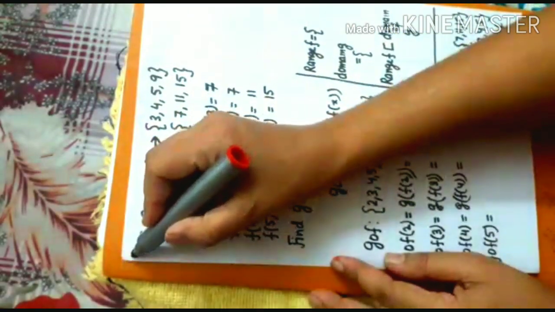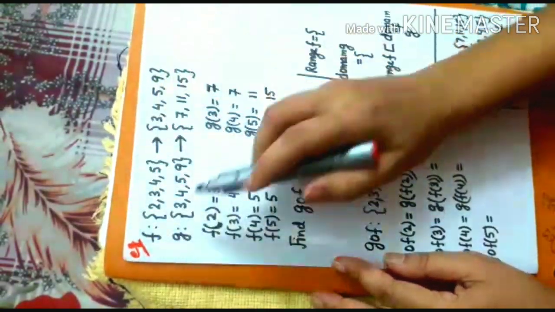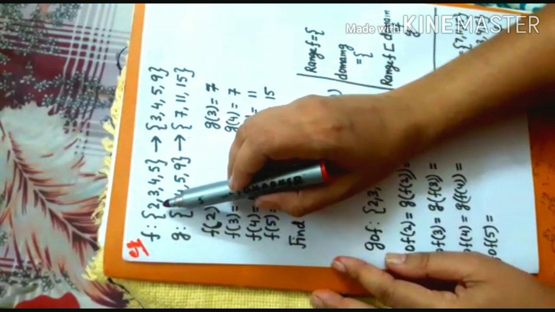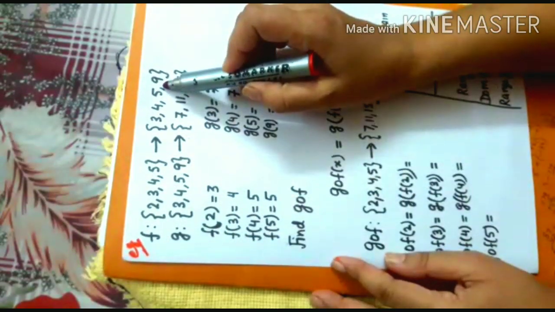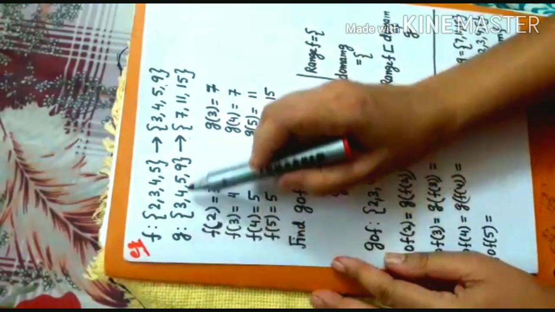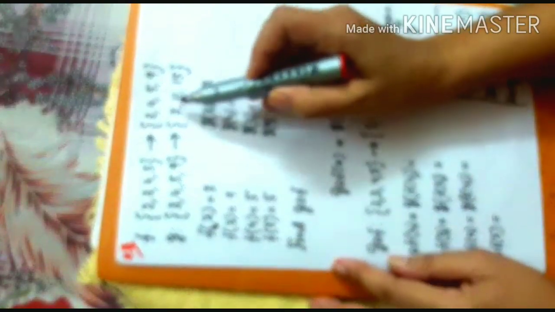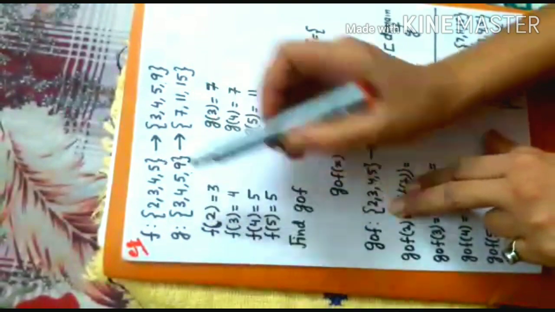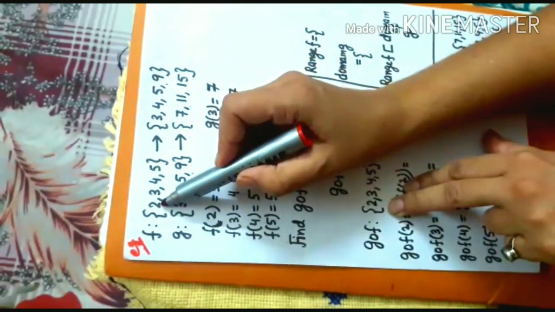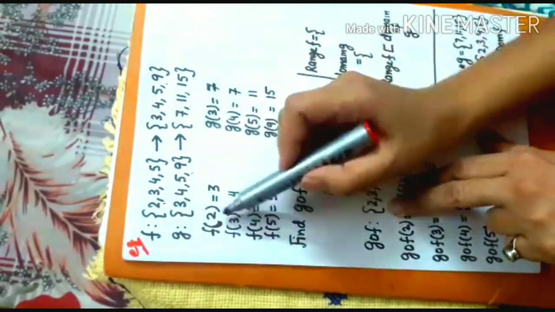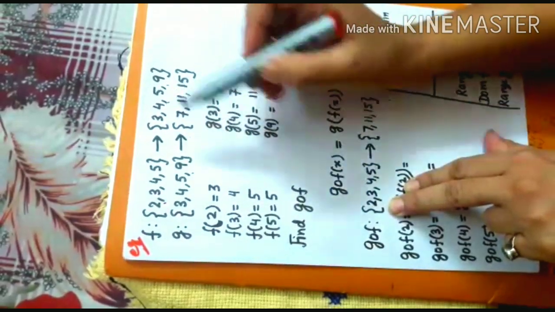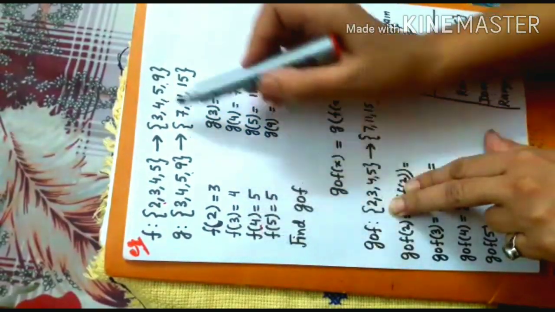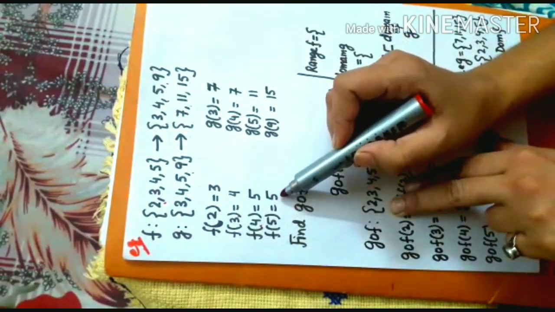So, let's take one example. f is a function from this set to this set, and g is a function from this set to this set. Function f is defined by image of 2 is 3, image of 3 is 4, image of 4 is 5, and image of 5 is 5.